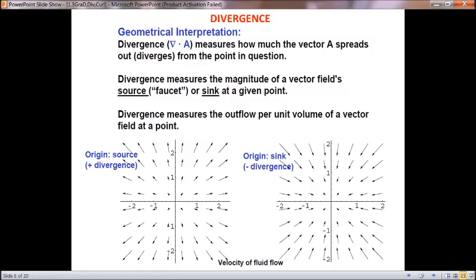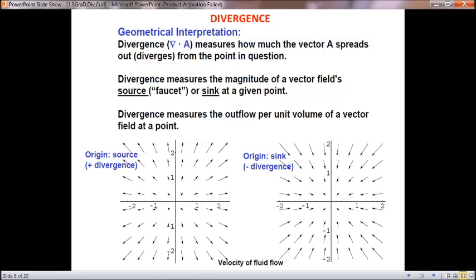So there are two factors here, diverge out and diverge in. Diverge out is considered a positive component. Diverge in means it shrinks, and so it's taken as a negative component. So divergence measures the outflow per unit volume of a vector field at a point.